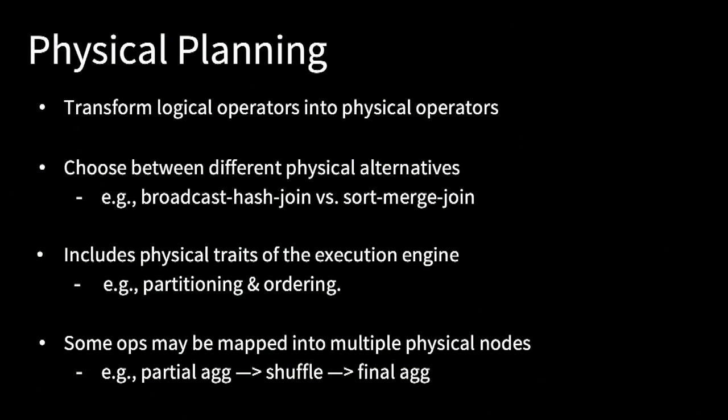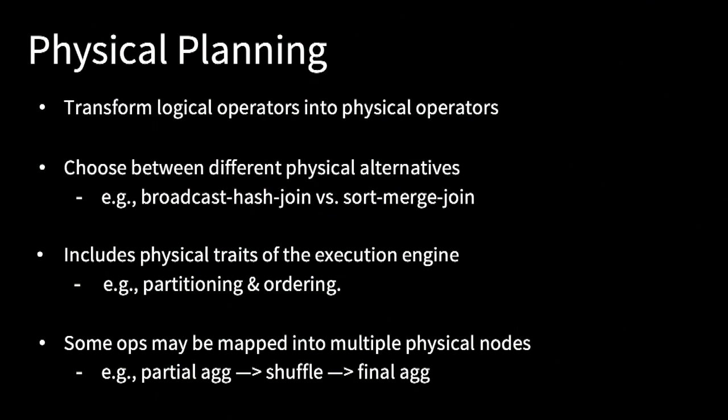Another important thing is to take into account the physical traits of the distributed Spark execution engine, like how the data is distributed across the cluster. Some operators ask for a specific distribution for their input and may generate output with a different distribution. In that case, extra physical nodes like a shuffle exchange will have to be added to the physical plan to satisfy this kind of physical trait requirement.